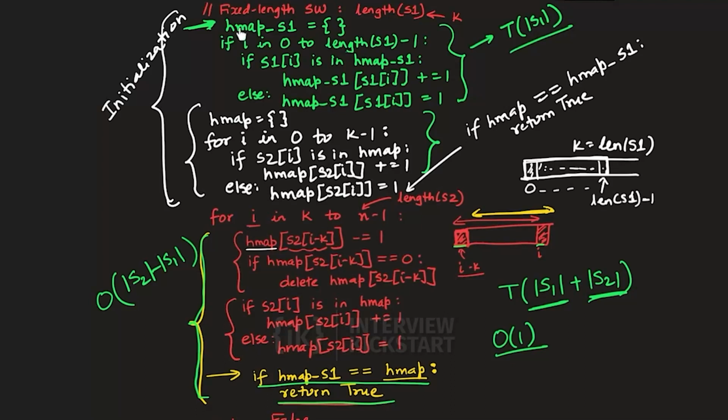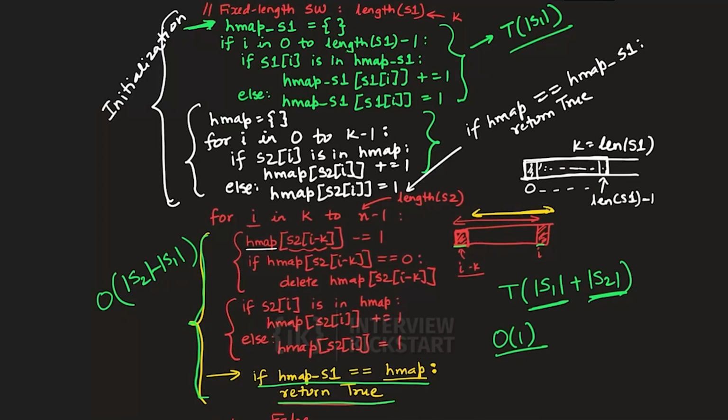So that means when we initialize our hash map here, we do exactly what we've done here, but then our second hash map is essentially identical to the first, but as we are parsing the characters of S2 in the leftmost window, we start subtracting the frequencies of these characters from the frequency tables here. So it's possible that there are some characters here which don't appear here, so their frequencies won't change. There could be some characters here which don't appear there, so when we subtract the frequencies, the resulting frequency for those characters might end up being negative.